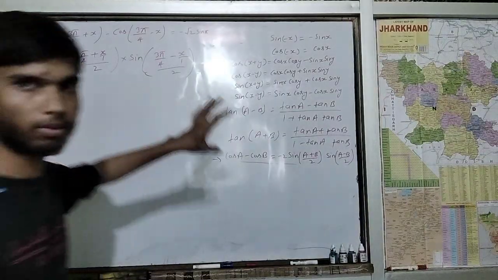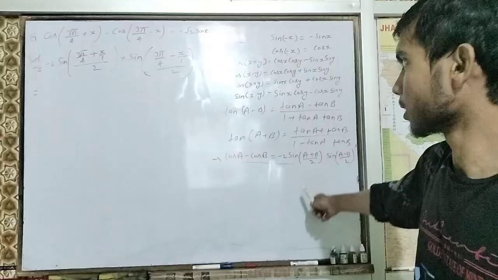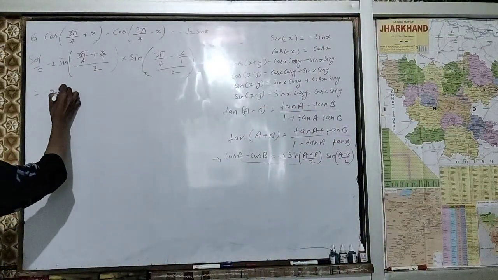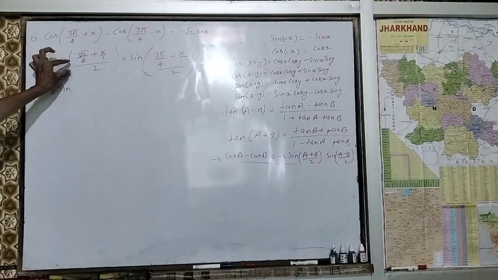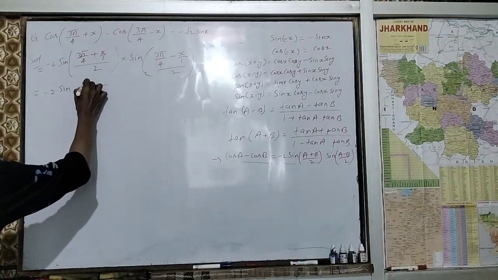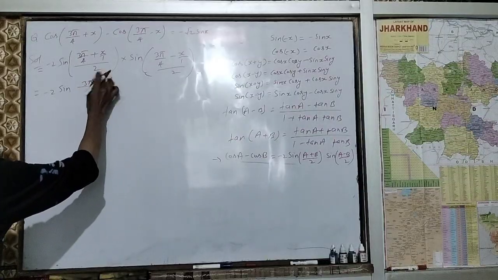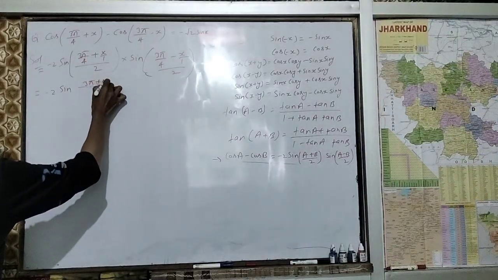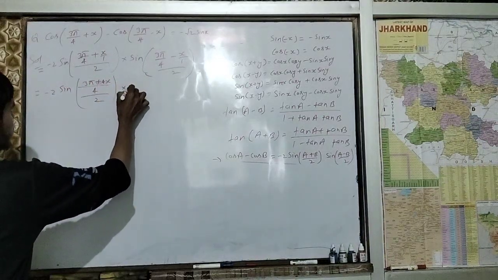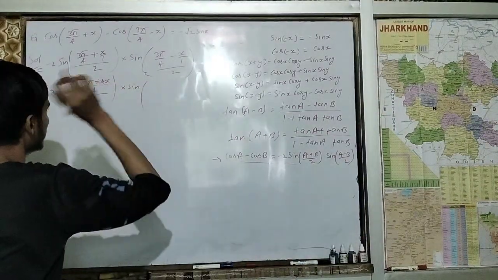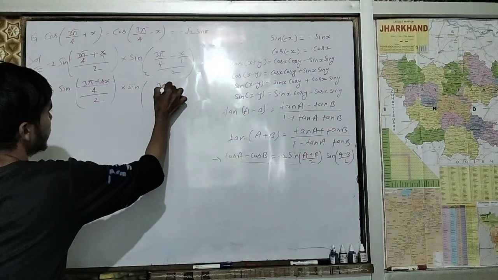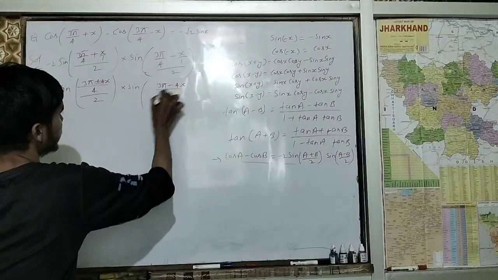Now here we used this identity. Let's simplify this. After simplifying, you will get 3 pi plus 4x upon 2 sine, and here 3 pi minus 4x upon 2.